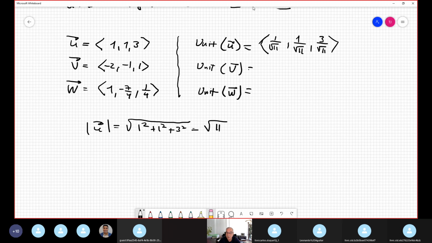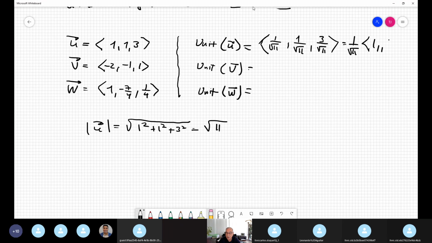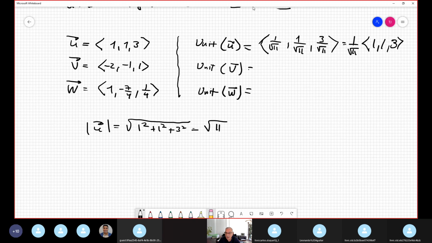Another possibility is you put 1 over radical 11 outside and inside 1, 1, 3. This is acceptable for me. Or some people say no, this is no good because you don't rationalize the denominator. Well, it's okay, you multiply, baby algebra.